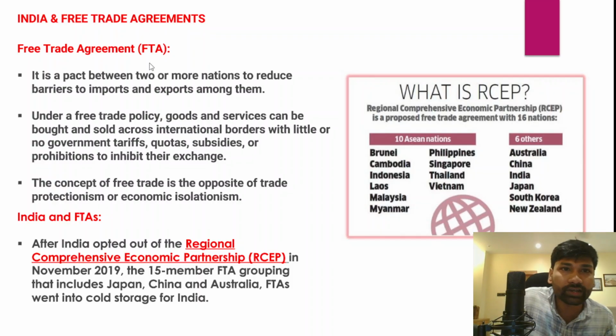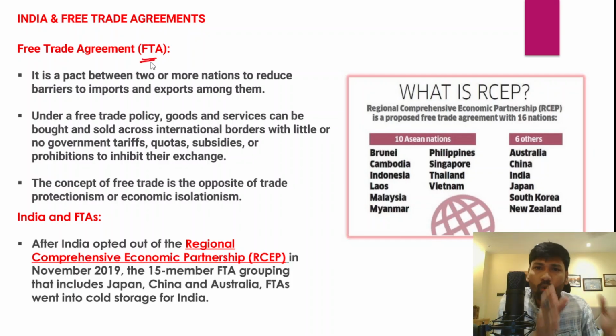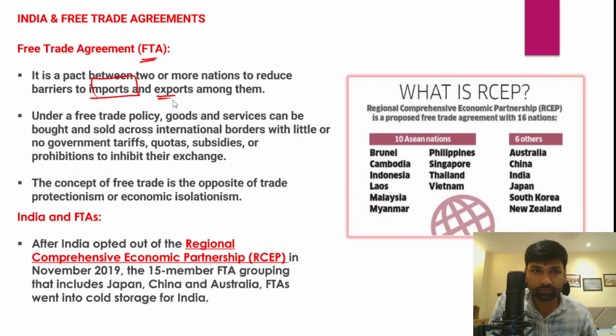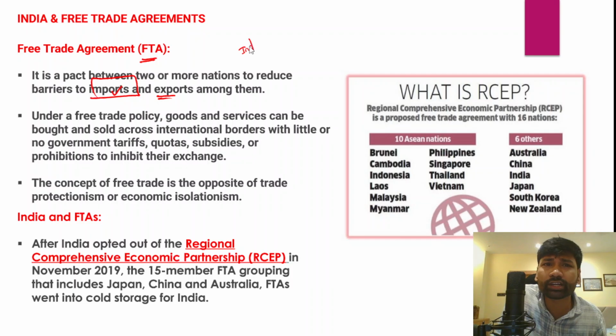Now, when we talk about the free trade agreement, what is this free trade agreement? We need to briefly understand it. A free trade agreement is actually a pact, an agreement between two or more nations, and these nations aim to reduce barriers to imports and exports among them. There are a lot of barriers. For example, imagine India wanted to import electric vehicles from the US, from a company called Tesla.